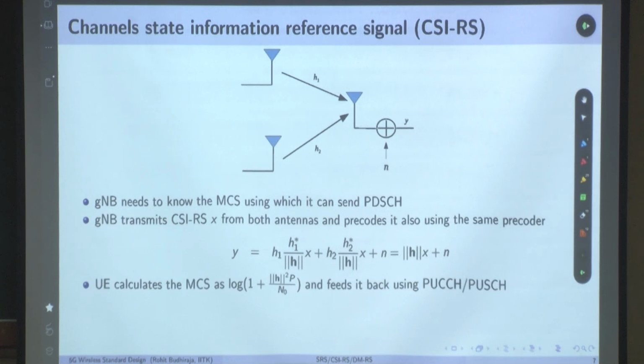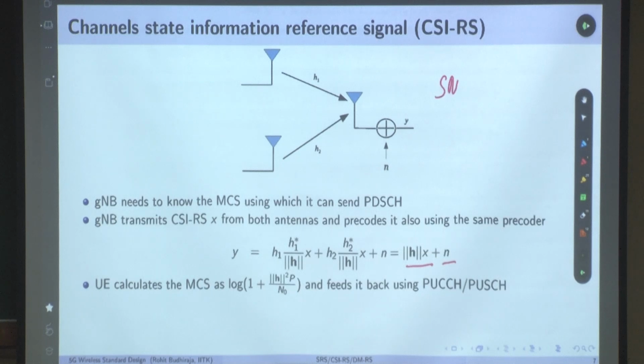Now, what will the UE do? This is the signal it has received, and this is the noise. It will calculate the signal power and the noise power, and then it will calculate the SNR.